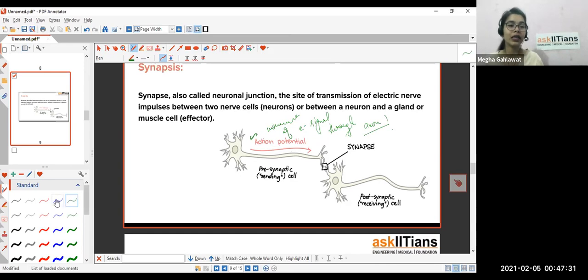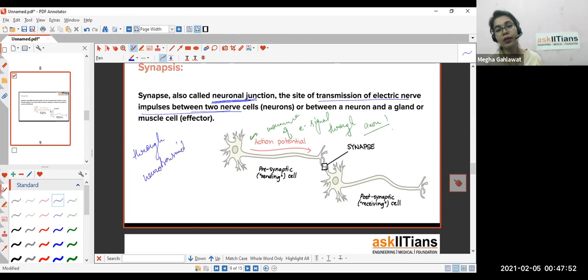Now, going by this definition, we have the synapse, also called the neuronal junction, which helps in the transmission of nerve impulses between two nerve cells through a neurotransmitter. What is a neurotransmitter?